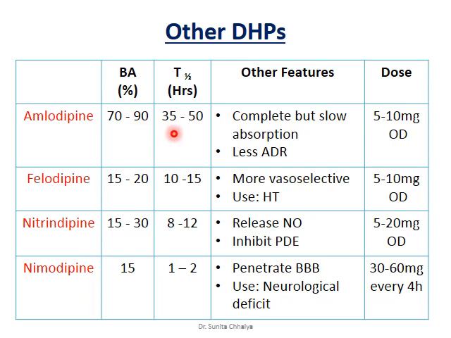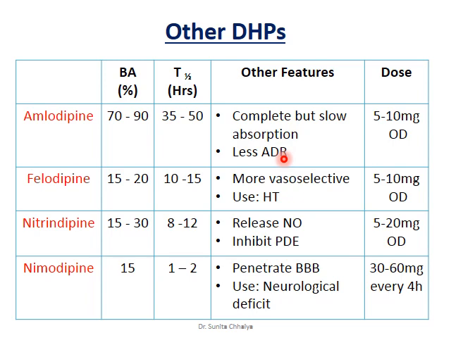Half-life is 35 to 50 hours. Other features include complete but slow absorption. Complete absorption can increase its bioavailability, and its slow absorption reduces the development of adverse drug reactions.